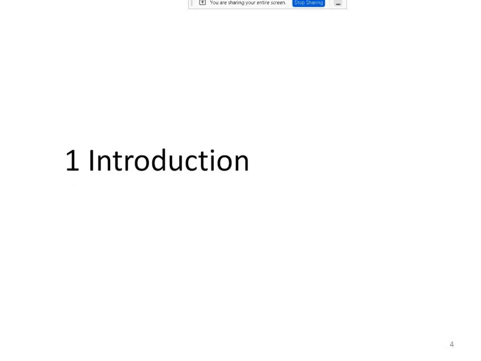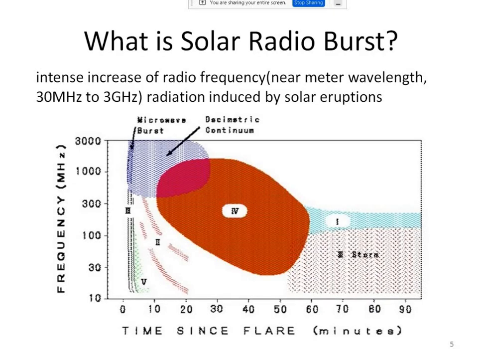Okay, introduction part. As you know, I'm doing solar radio burst. So, what is a solar radio burst? A solar radio burst is the intense increase of radio frequency, which means meter wavelength, approximately 30 megahertz to 3 gigahertz, radiation induced by solar eruptions.